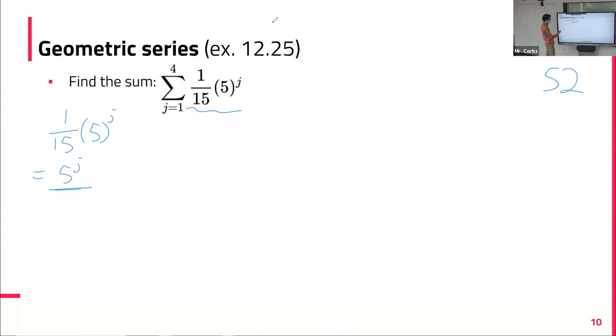Noticing that we have a 5 to some exponent on the top, we can split it up. So 15 is 3 times 5, right? Then we have our exponent rules, a 5 on the top, 5 on the bottom. So if we simplify this, it will be something over 3.